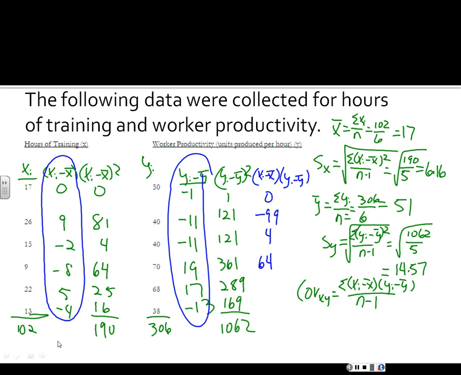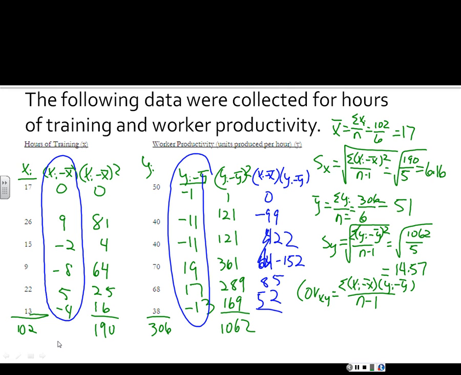Wait. Sorry about that. That's why I usually do the cross products before I get the... okay, minus 2 times 11 is 22. Minus 8 times 19 is minus 152. 5 times 17 is 85, and minus 4 times 13 is going to be 52.